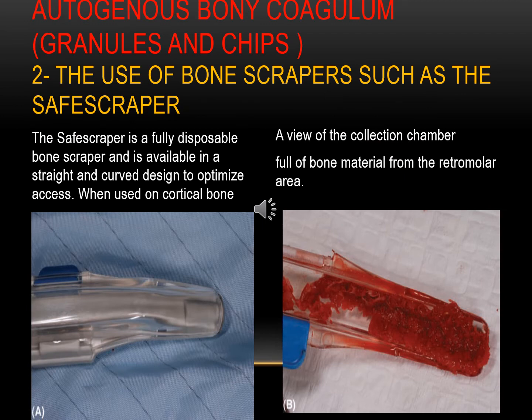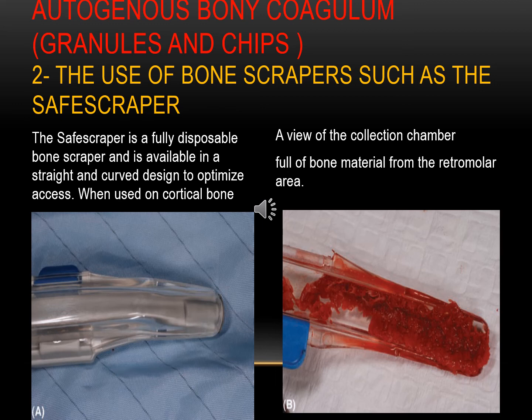There is another device to collect the bony coagulum as an autogenous bone graft. This device is the safe scraper. The safe scraper is an instrument that looks like a potato scraper.